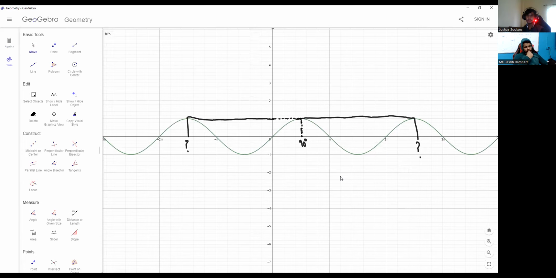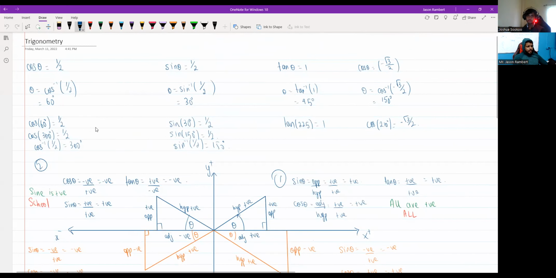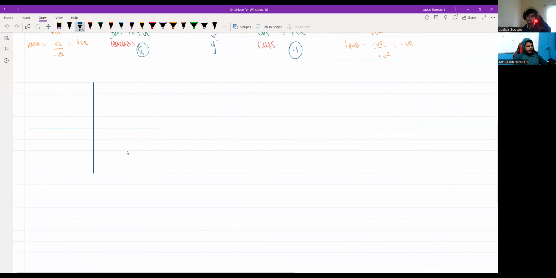Which makes me wonder, how am I going to calculate these other values of theta from a calculation? For example, up here, my graph directly correlates to my quadrants. And it works for all trig curves.